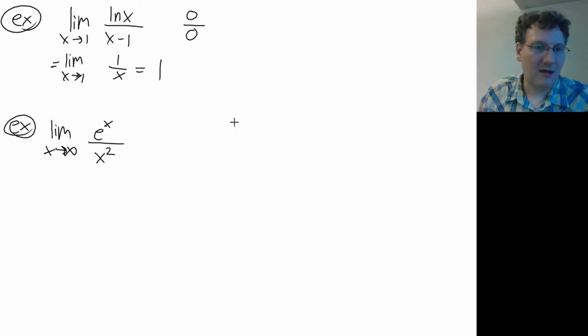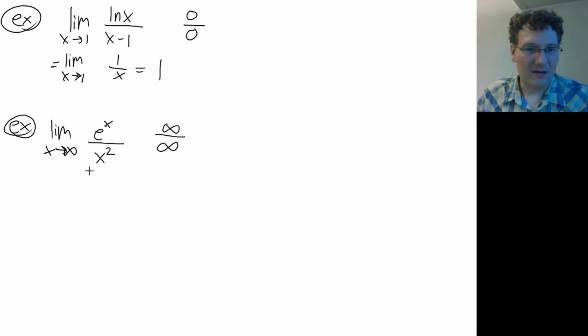Here you can see the limit of e to the x over x squared as x goes to infinity. Clearly both of these go to infinity, so this takes the indeterminate form of infinity over infinity, and we can use L'Hôpital's rule. So this is the limit as x goes to infinity of e to the x, the derivative of e to the x, over 2x.